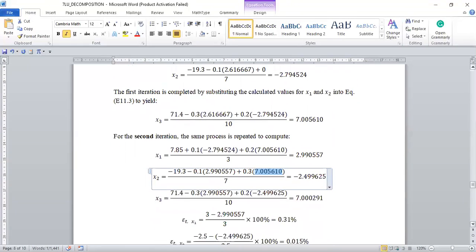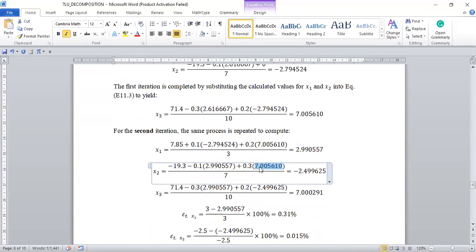So for Jacobi's method, you're going to use this x1 at the first iteration, not at this particular iteration. Then x2, x3 at the first iteration. Then to calculate x3, you're going to use x1 at the first iteration, not this particular x1. You're going to use x2 at the first iteration, not this particular x2. So that's just the difference.